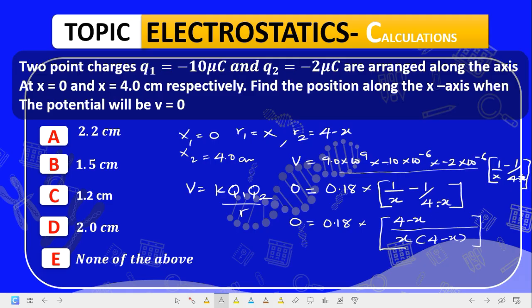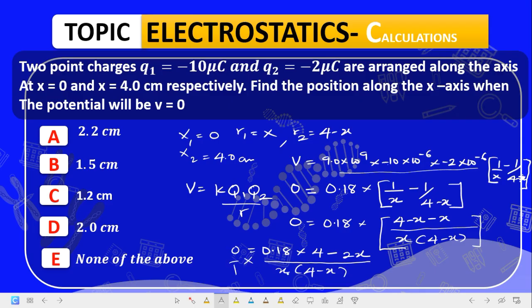When this divides this, it's going to give us x, because 4 minus x cancels 4 minus x. So this will be minus x. And then 0 equals 0.18 times 4 minus x minus x, which is minus 2x. Then everything under here will give us x bracket 4 minus x. This is over 1.